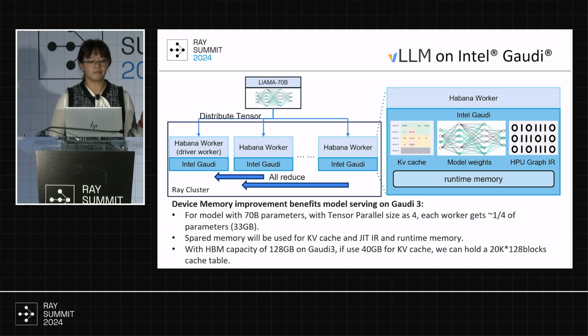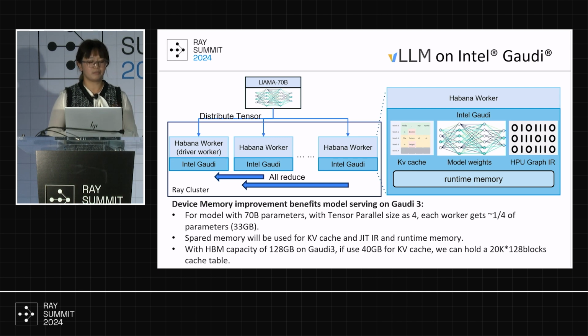And for the memory management I mentioned before, now we have 128 gigabytes of device memory. So what does that mean for model serving in VLM? As we know, there are three major memory consumers when you run inference on a model in VLM.